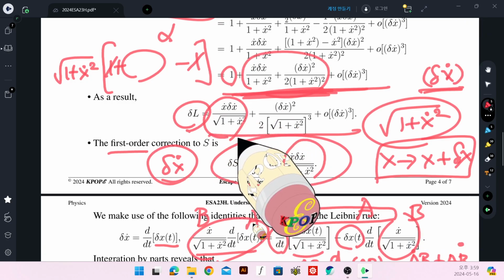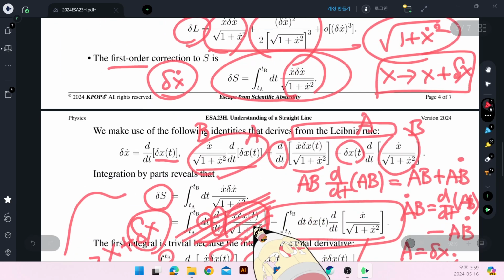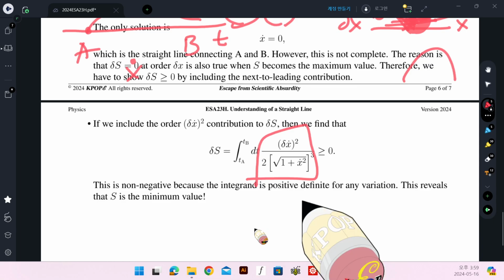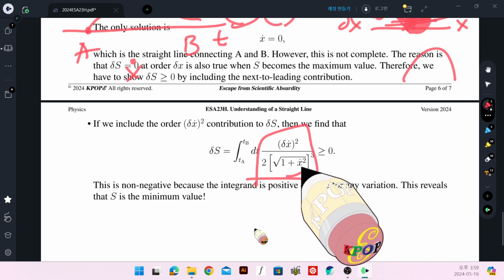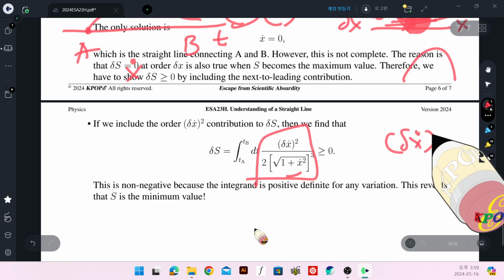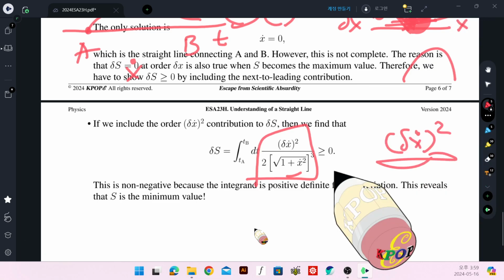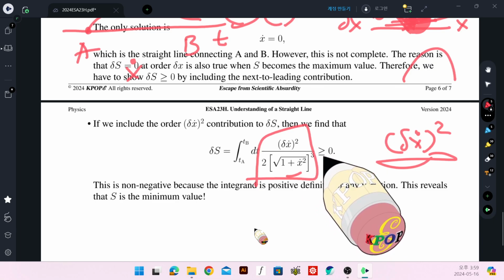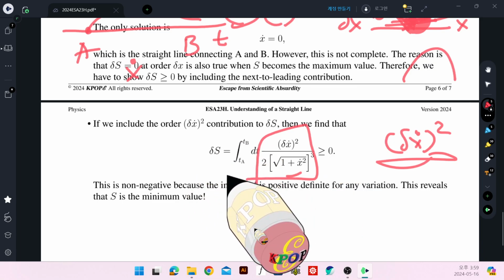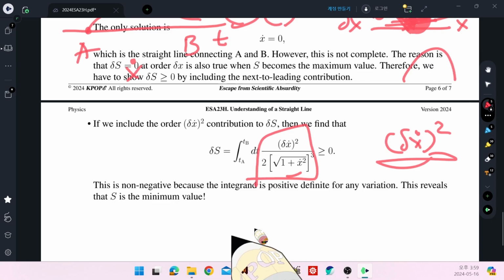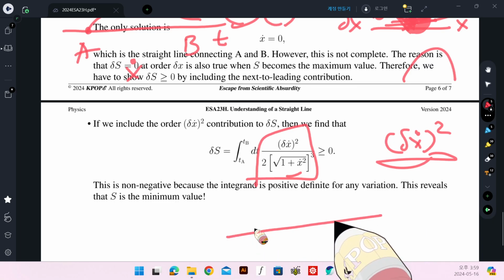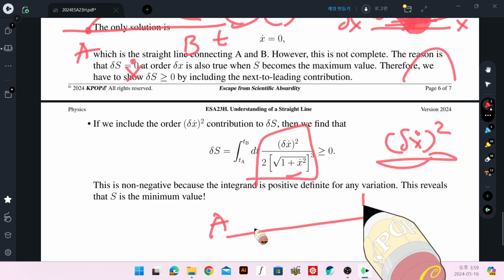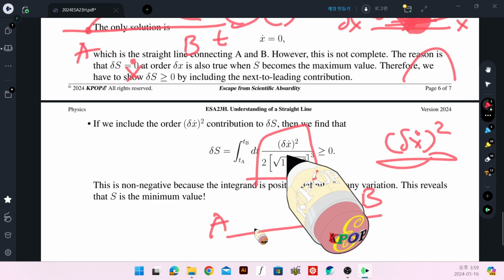This is the first order and this is the second order. The second order contribution is this, and we know the square root is positive. Delta x dot squared is also positive. The square of a real number is always positive. Therefore, the second order correction to the length of the curve from the minimum value that is represented by the straight line connecting A and B is positive.